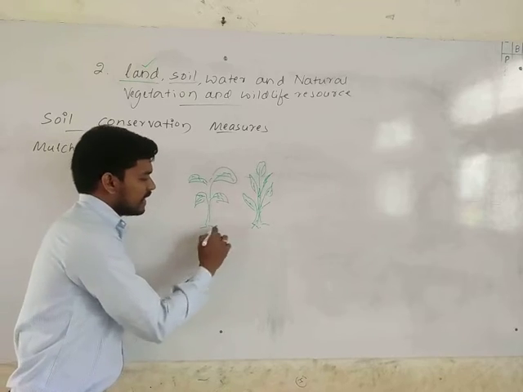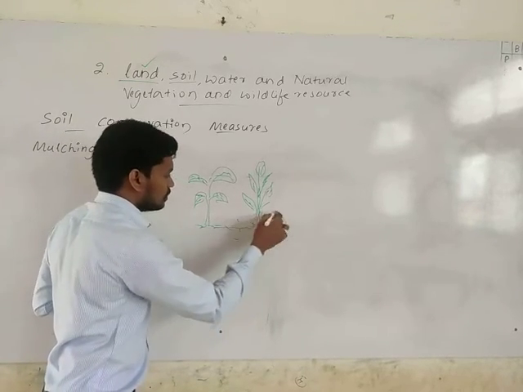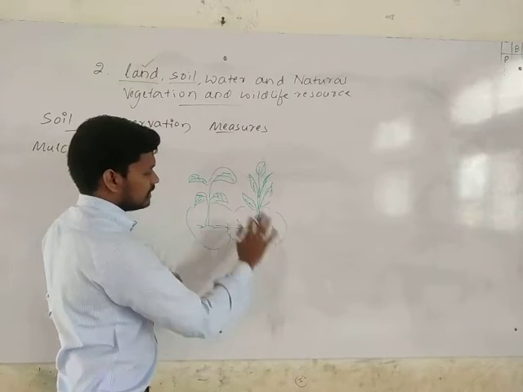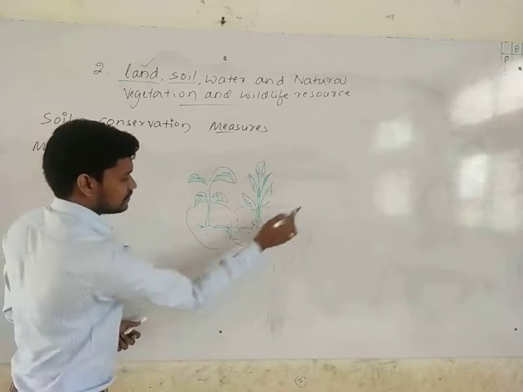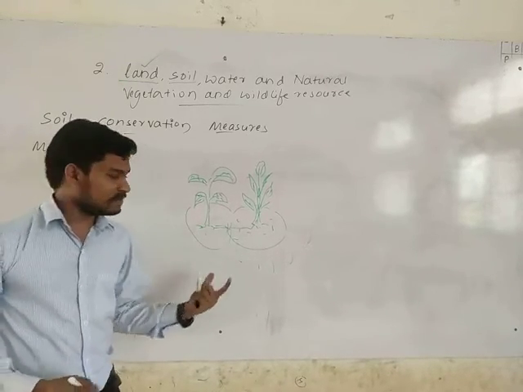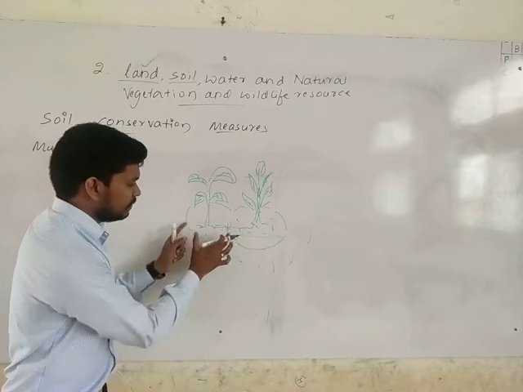So here we have land, filled with mud. Here, suppose, we have some grasses. And mulching is nothing but covering this bare land in between the plants.